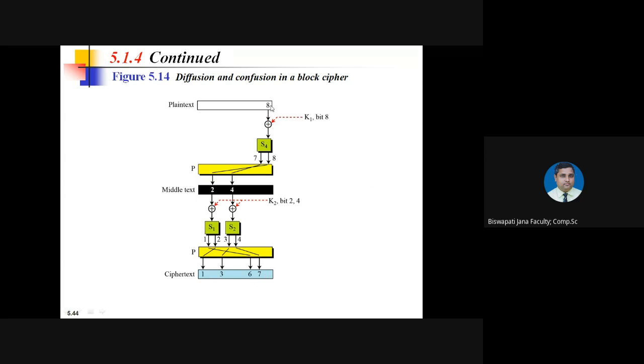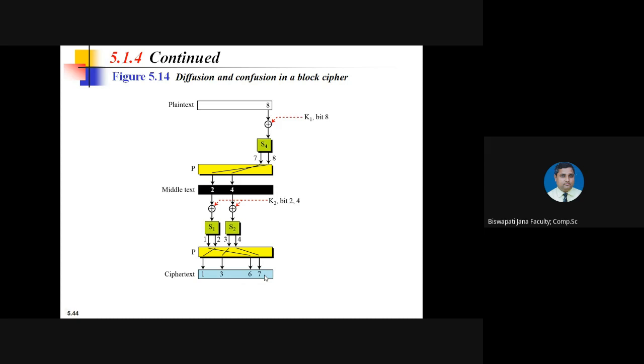If it is 0, then the relations of these 4 bits may change, or if it is 1, then again it may change. So obviously this 1 plain text bit and the cipher text depend on 4 bits. So there is no simple relation.